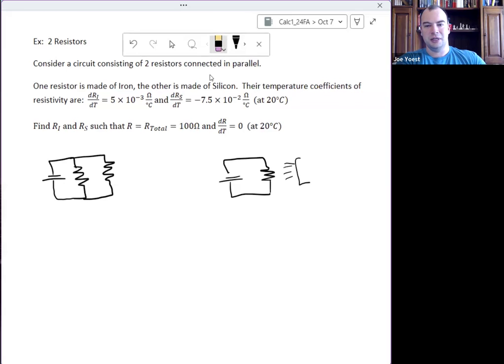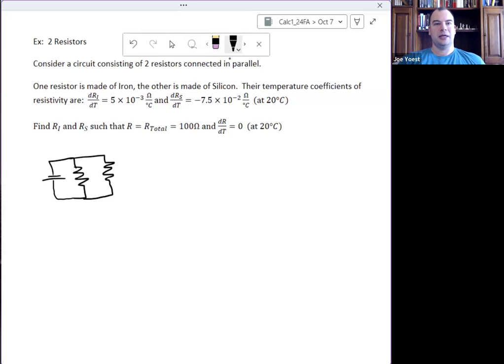Can we engineer stability into the system? Can we replace one resistor with two resistors, but in such a way that they offset one another? So that as we increase temperature, one of them gets more resistive, one of them gets less resistive, and engineer it in such a way that the resistances perfectly offset one another. We can't just use two resistors of equal resistance because they have different temperature coefficients.